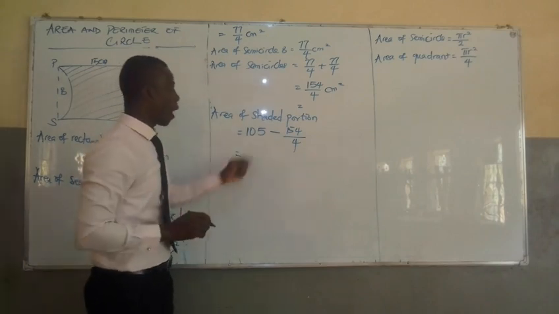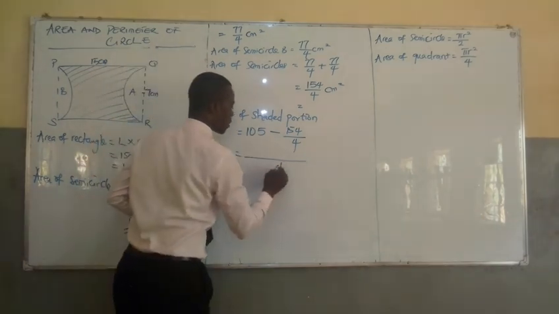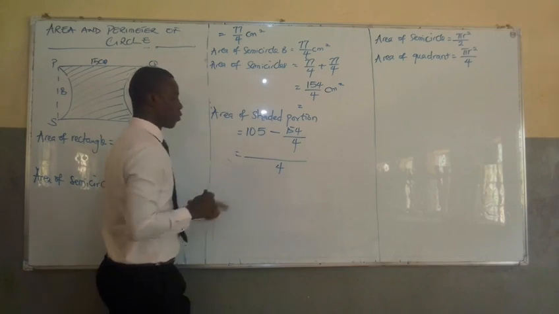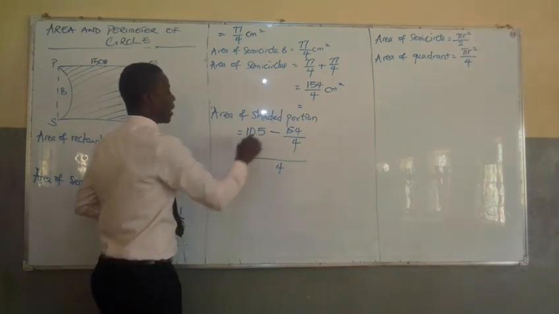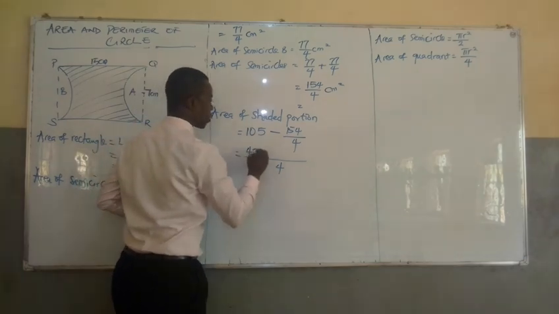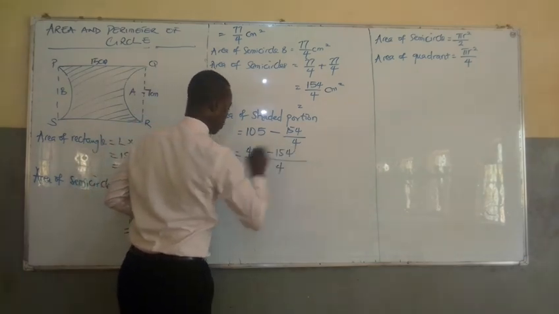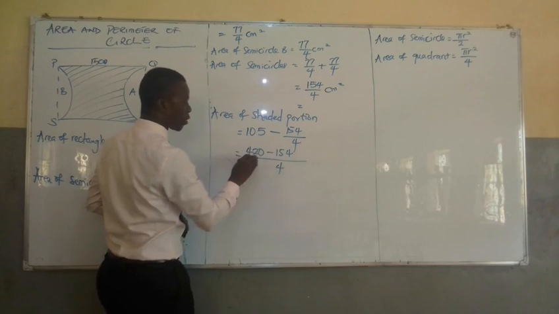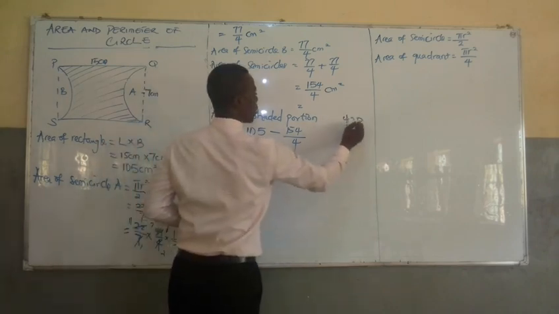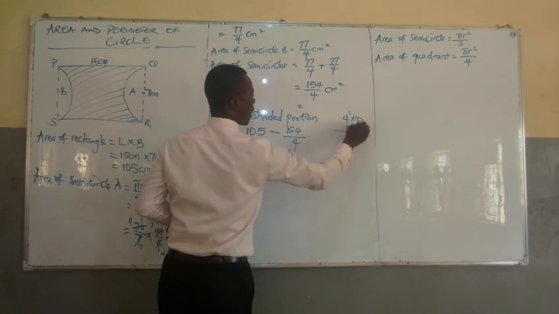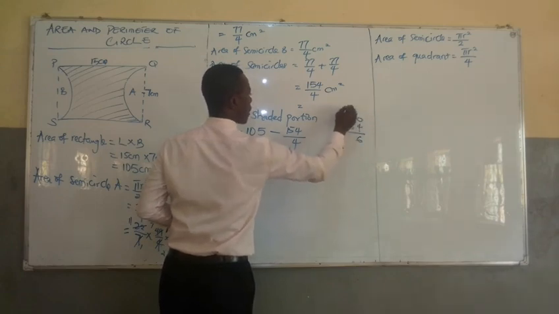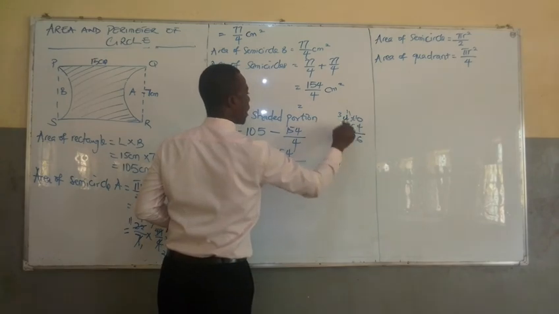So when we go about this, what are we going to have? 4 goes into 4 times 105. That gives us 420 minus 154. And then what are we going to have? 420 minus 154. This is 110, and then we have 6 here, is 3, 1, and then we have 6 here, and then 2.